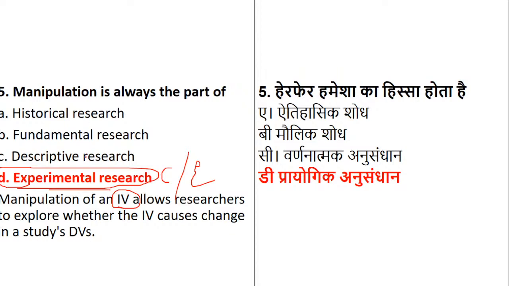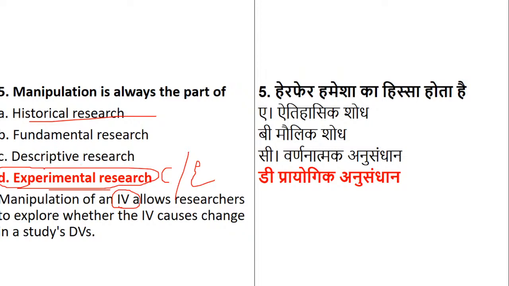Now, Shreya, see, in historical research we go by past events which cannot be manipulated, which are already there, and we need to only come up with a generalization based on that. Fundamental research is basic research, pure research you can say, which is based on principles and theories.